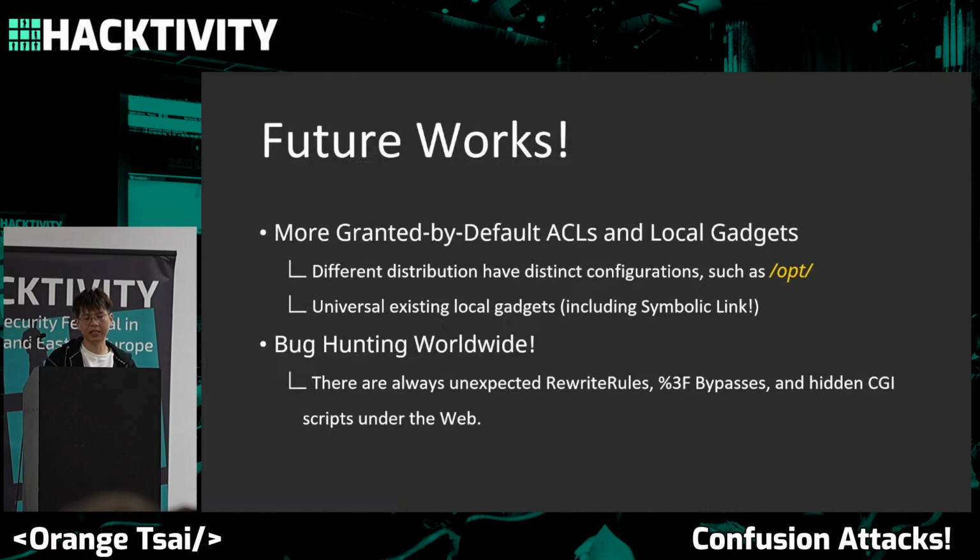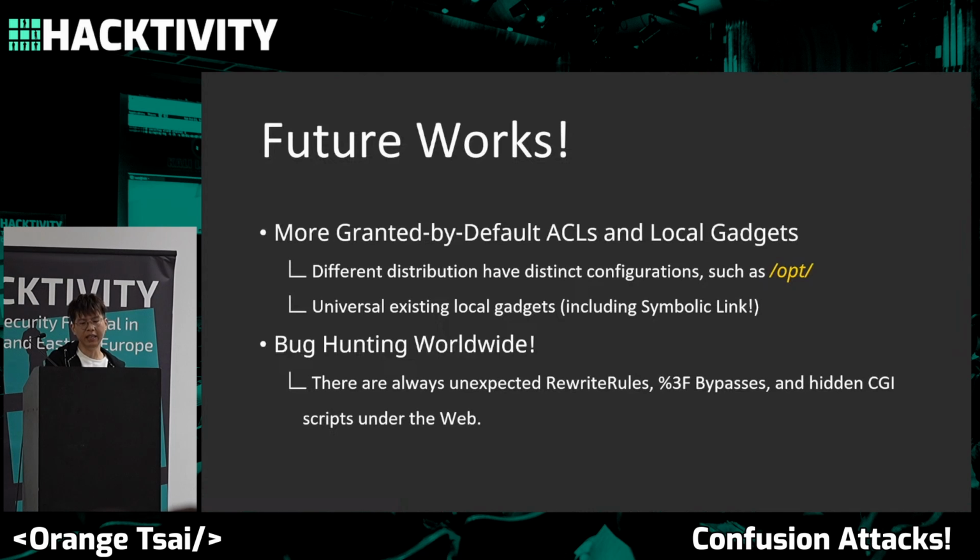There are also some future works. For example, different installations have different configurations, such as Apache on FreeBSD or even on previous applications. They could have more allowed-by-default access control or more local gadgets.